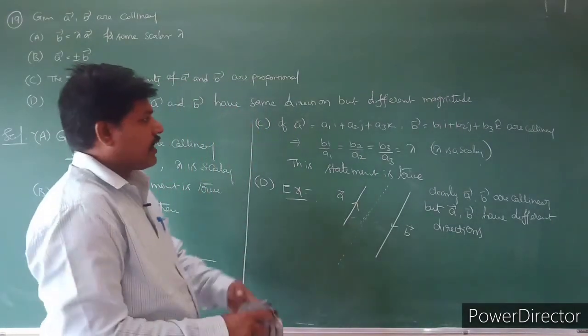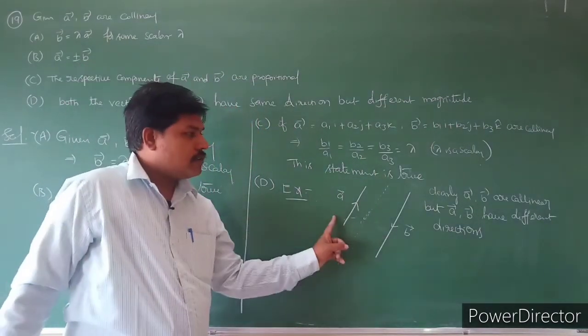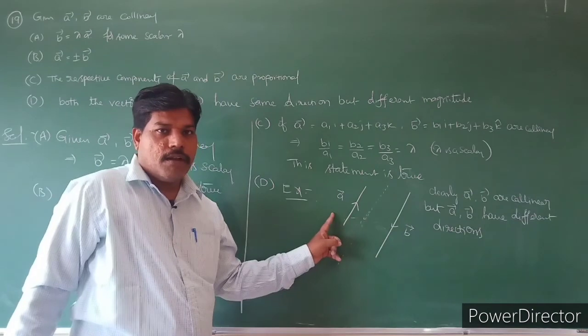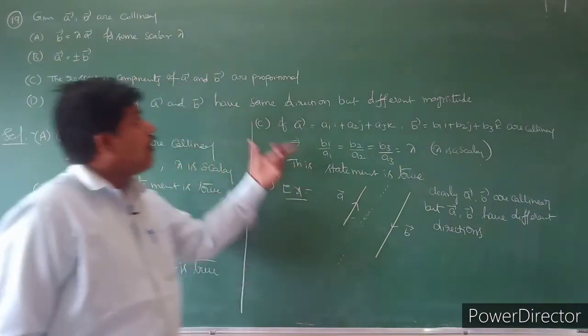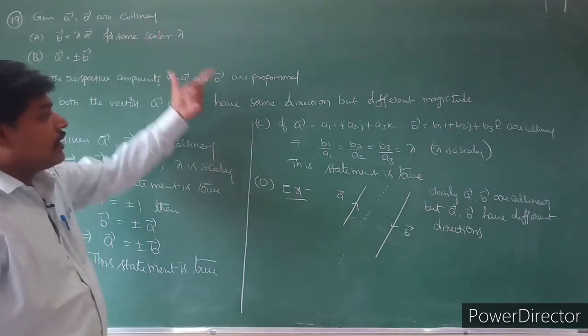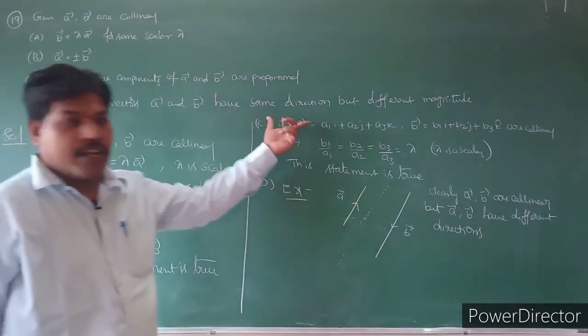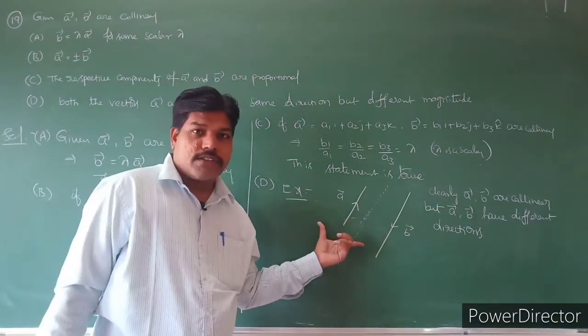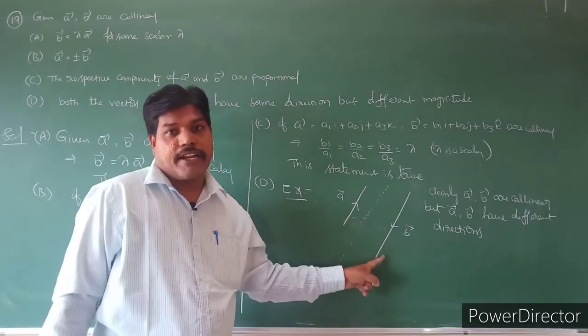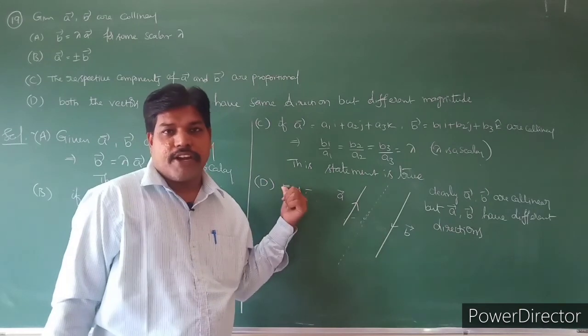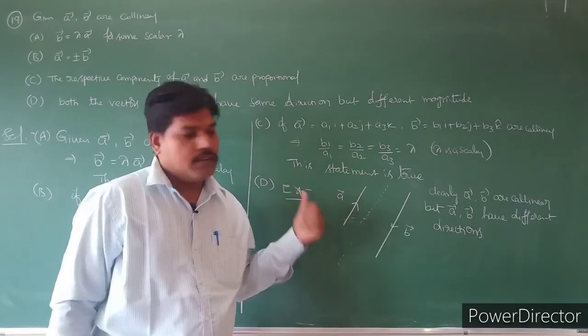So I am taking two vectors here, both the vectors are collinear, but the directions are different. They are saying that if a, b are collinear, both the vectors have the same direction. But here both vectors are collinear but have different directions. So that's why statement D is not correct.